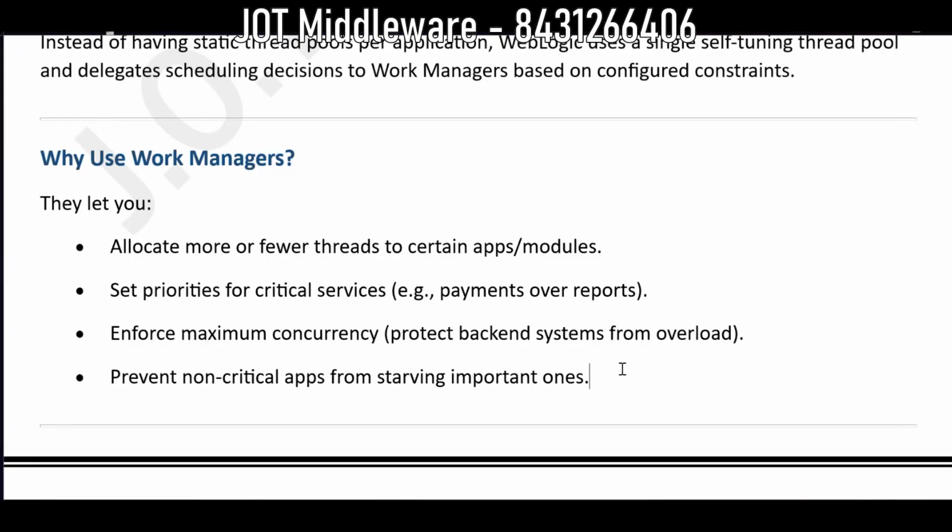And there is a business critical application related to financial services, where the load is moderate. If you don't configure a work manager, your WebLogic self-tuning thread pool continuously allocates threads based on the load for the non-business critical applications.